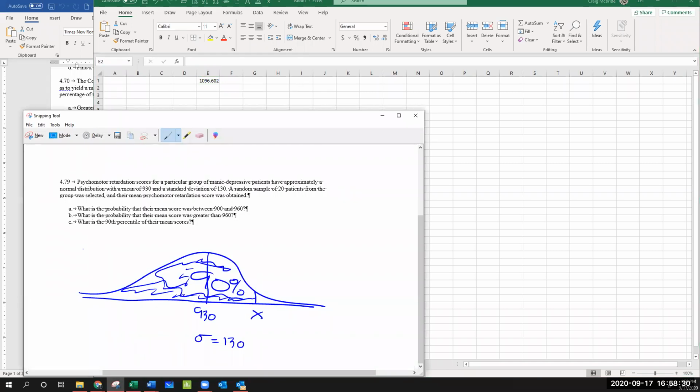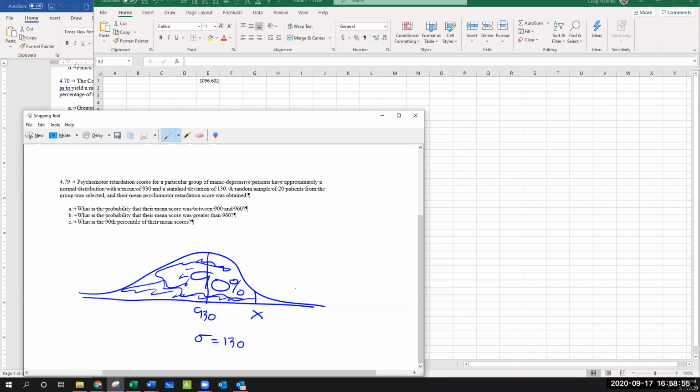At least you got an idea, instinct-wise, of roughly where it's going to be. Even from just the empirical rule, we should know roughly where it is. If we go one standard deviation in both directions, that's only 68%. If we go two standard deviations in both directions, that's 95% of our data, which means we would only have 2.5% above.